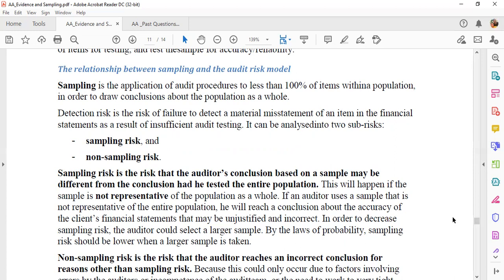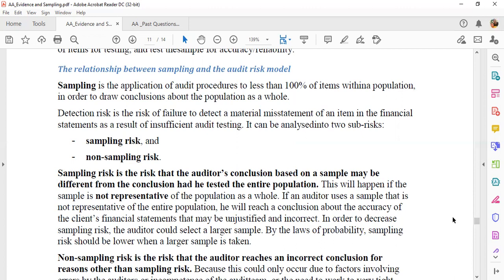Risk cannot be eliminated; risk can only be reduced to the barest minimum. The only way you can reduce your detection risk is by doing more work, carrying out more procedures.